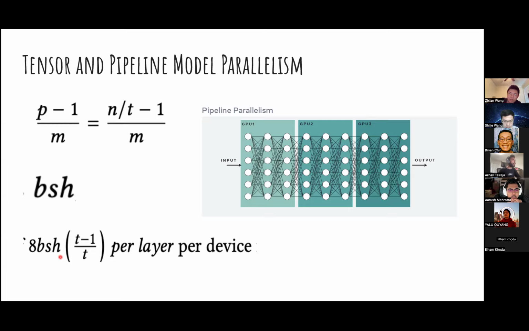I have another question. You repeatedly mentioned bubble time. Can you explain why bubble time is bad for us? Bubble time is basically bad because machines are lying idle. We have the compute power, but they're not really doing anything. So we are not using all of the compute power that is available to us.